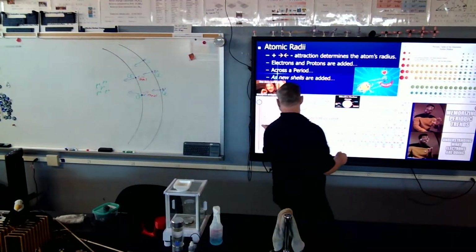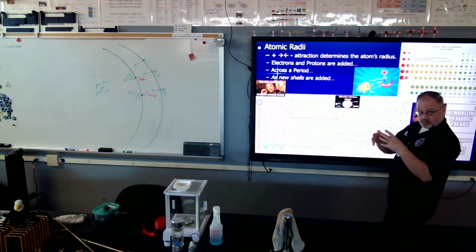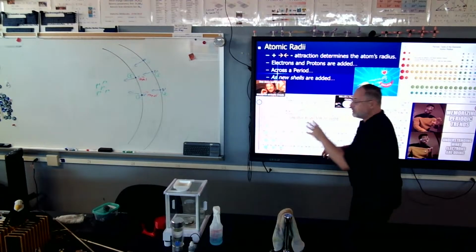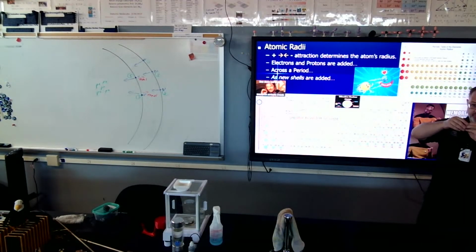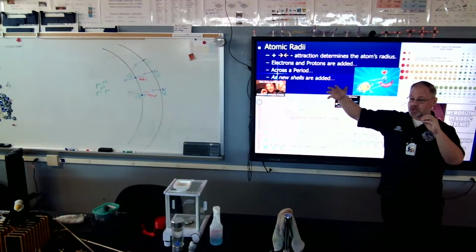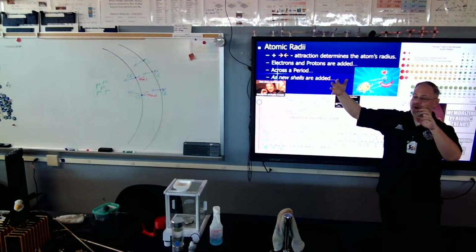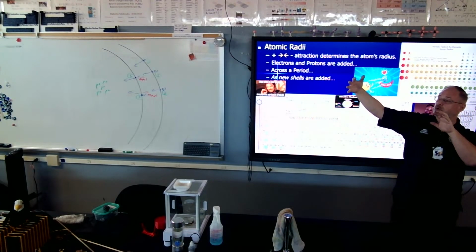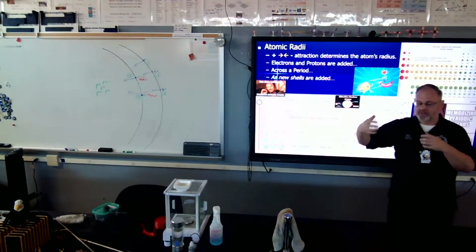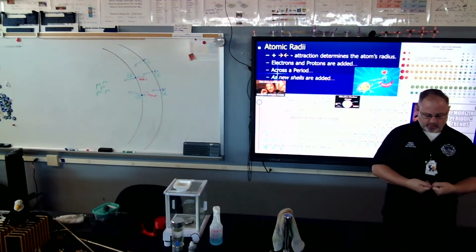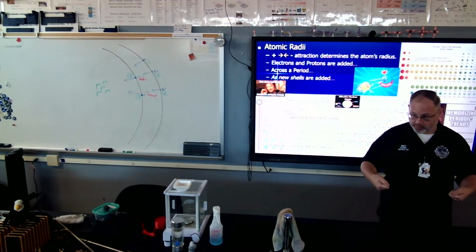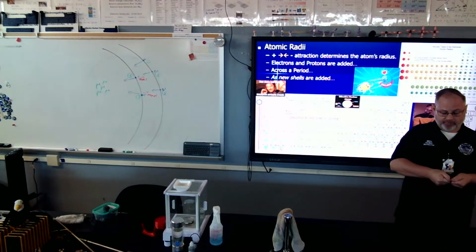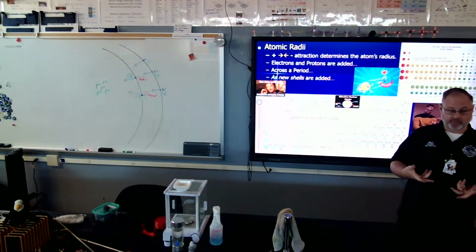In the same energy shell, as we add new protons in the nucleus and new electrons in the shell, the protons are attracted to that shell. Since there's more protons attracting more electrons, they get pulled in. It's kind of like if you tried to pull away 2 strong magnets versus 8 strong magnets. It's going to be harder to pull away 4 and 4 than 2 and 2. Make sense?